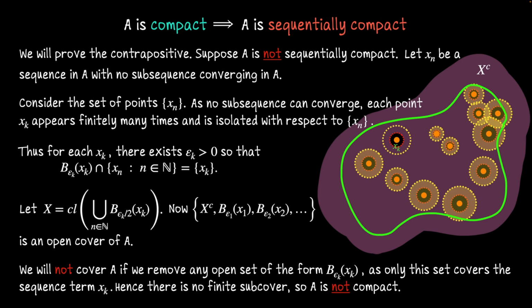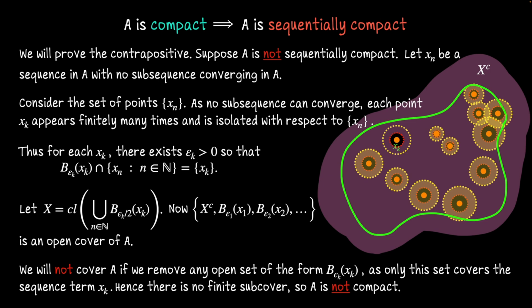So trying to reduce our original infinite open cover down to a finite subcover will not cover all of the terms in the sequence, and since those sequence terms live in A, we will fail to cover A. All right, at this point, we've generated an open cover of A which yields no finite subcover, so the set A is not compact. This concludes the proof of the forwards direction via the contrapositive.